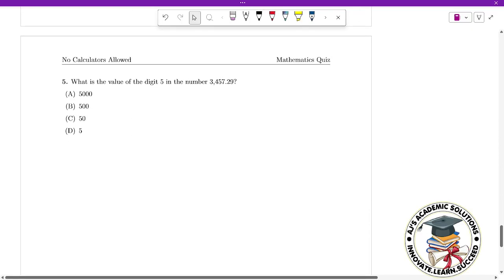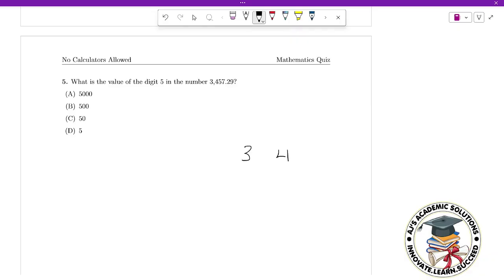in the number 3457.29? So what you would do in this type of question, we do 3, 4, 5, 7.29. So we want the 5 here.